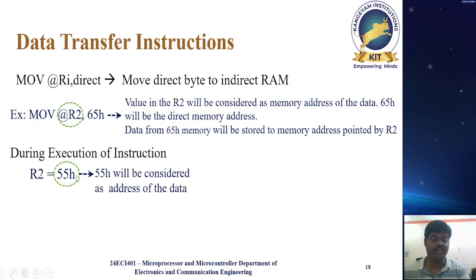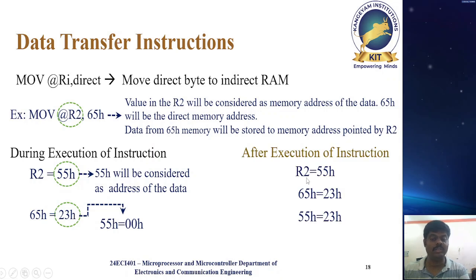So 55 is the address of the memory location, and 65 is the memory location from where we are going to process. This is direct, this is indirect. Data from this memory location will be transferred to the memory location pointed by R2. Pointed by R2 is important. This is what happens after executing the instruction.